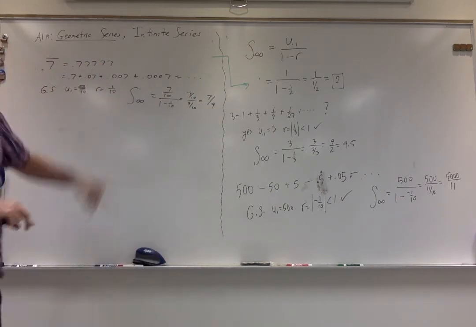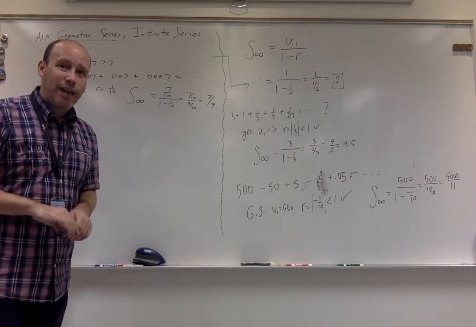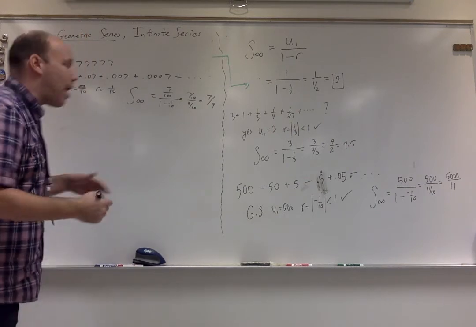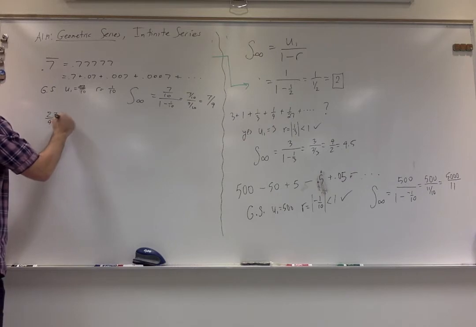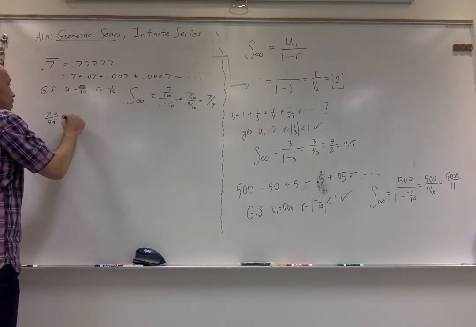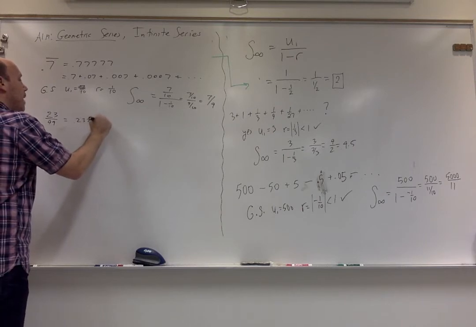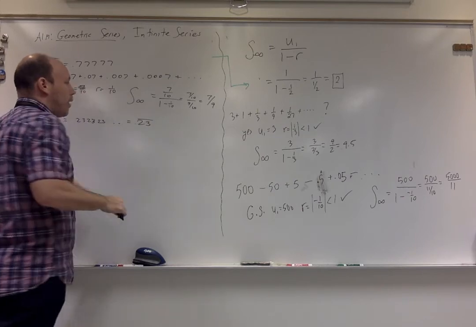And you might have learned that little trick. Can everyone take out their calculators or go on the computer and do 23 divided by 99? And you see that it's 0.23, 23, 23 ad infinitum, which you guys write as 23 with a line over it.